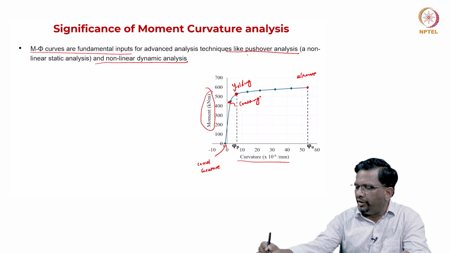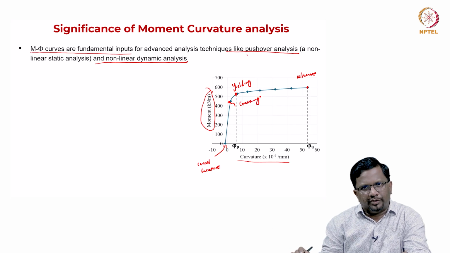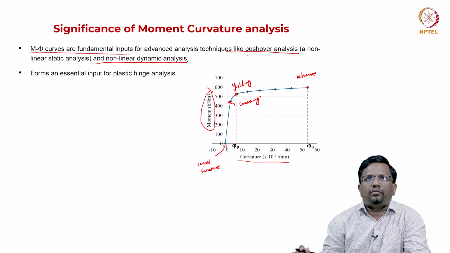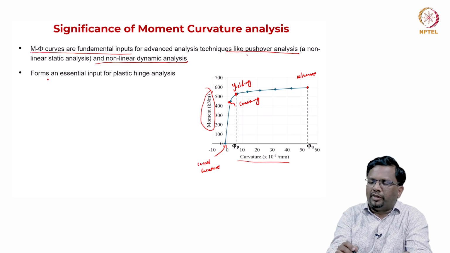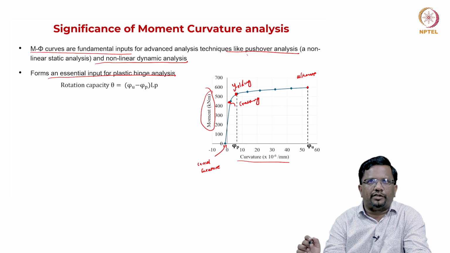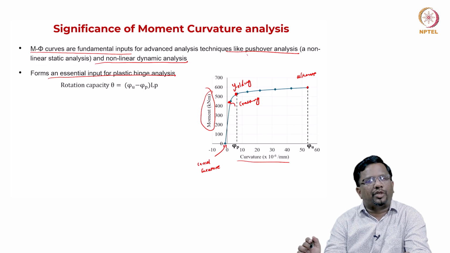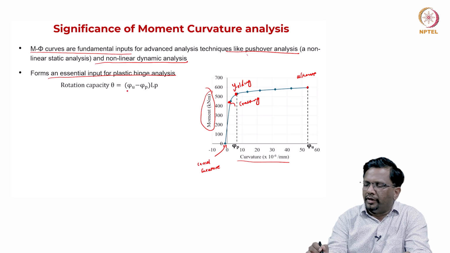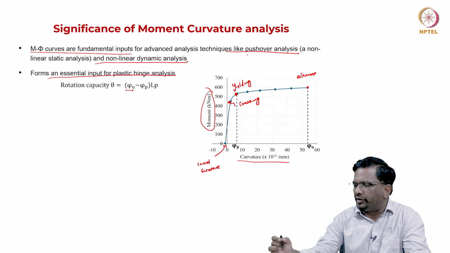So, these are the three important stages in the moment curvature behavior of a cross section. Now, again this becomes an input for plastic hinge analysis, and typically the rotation capacity of the section is calculated from the ultimate curvature, which is here.